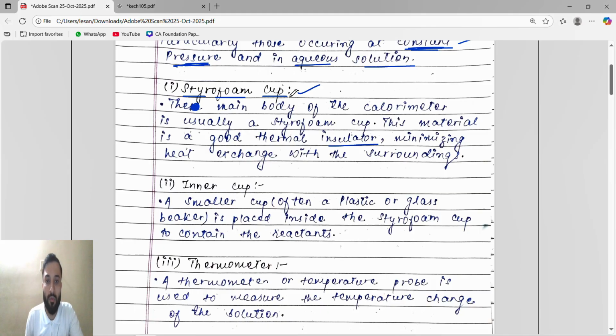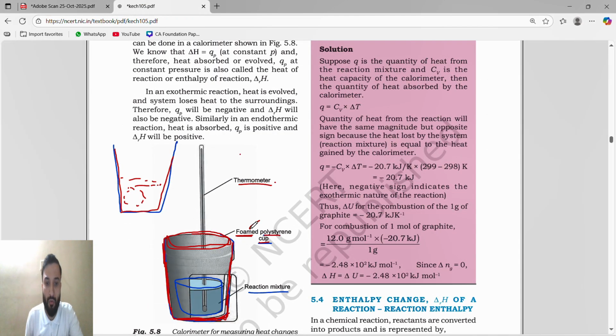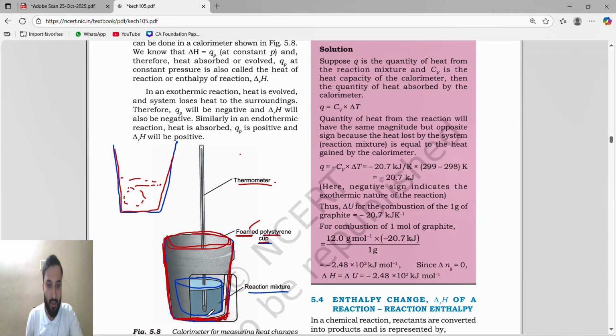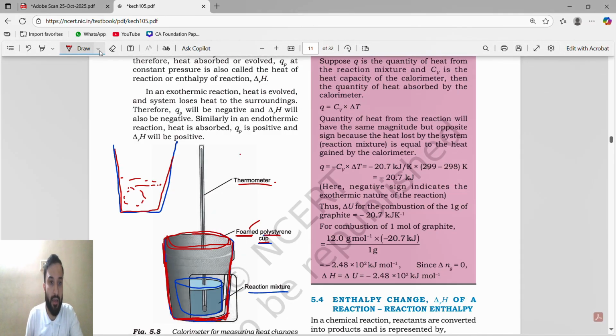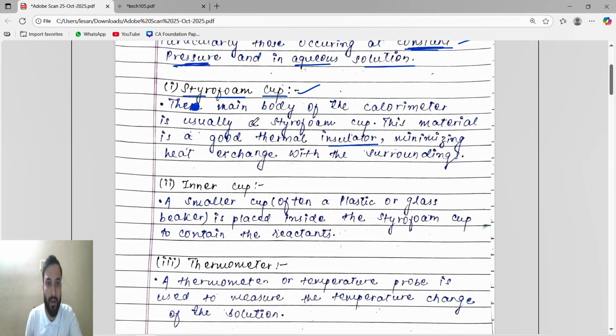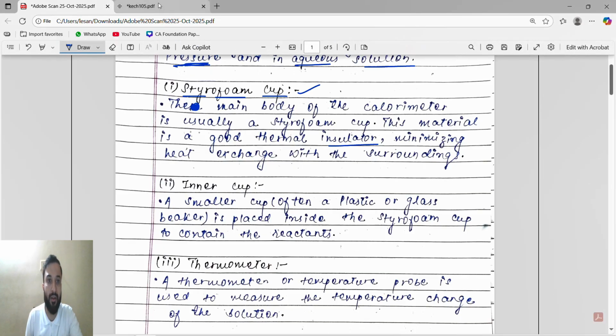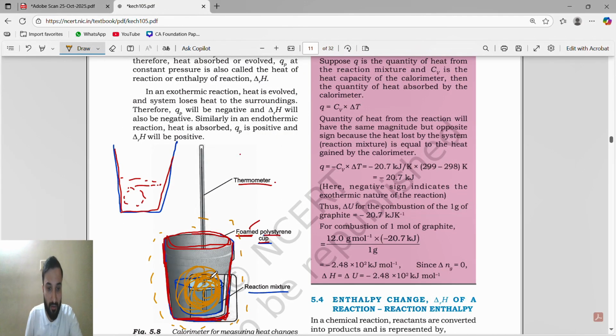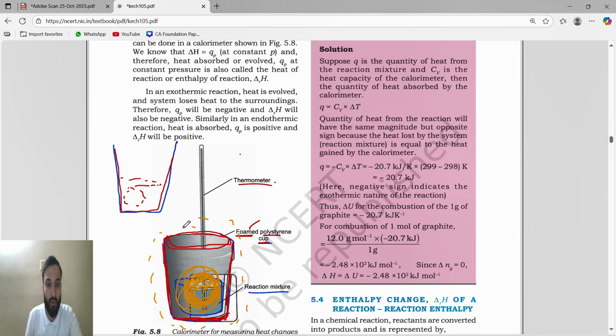So the styrofoam cup, or foamed polystyrene cup: inside is our system, and outside is the surroundings. This cup works like a boundary between the system and the surroundings.